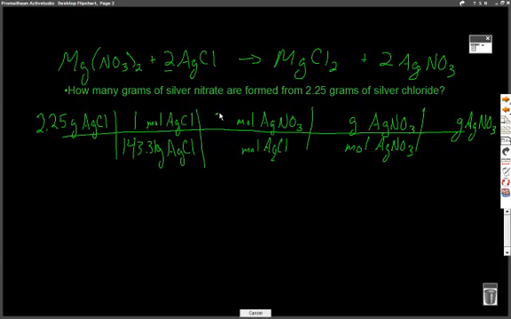And then we know again the ratio, based on our balanced equation, that it's a 2-to-2 ratio of AgNO3 to AgCl. Then we want to convert back to grams, so we say that 1 mole of AgNO3 has the molar mass that we had, and I apologize for the barking in the background of this lab, which is 169.87.